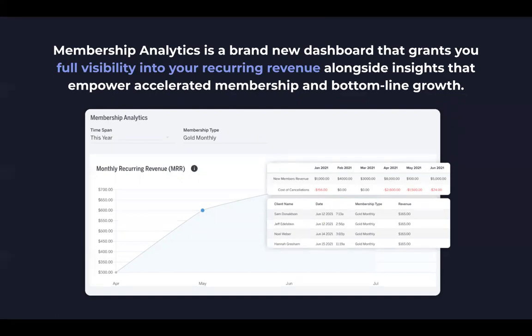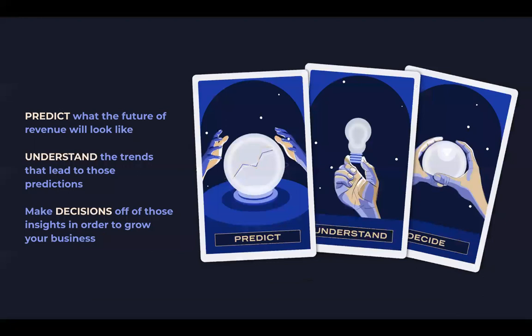But before we do that, we wanted to talk to you a little bit about what we did this for and why we did it. With Membership Analytics, you're going to be able to predict what the future of revenue is going to look like. It will provide you with that forecasted revenue, as well as your monthly recurring revenue that you've solidified every single month.